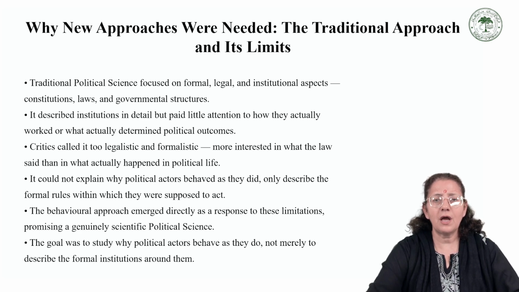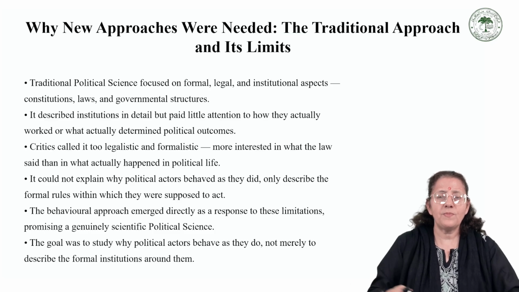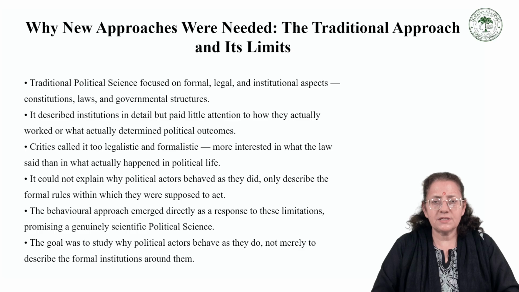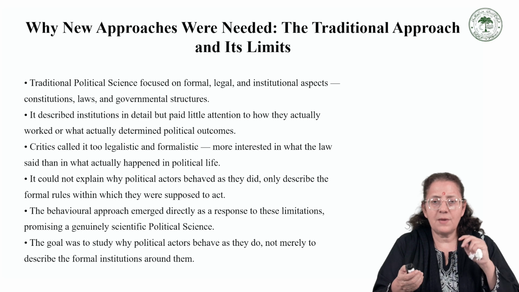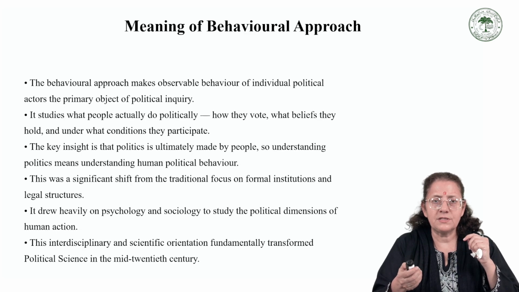Critics argued that it was too legalistic and formalistic, more interested in what the law said about how government should work than in what actually happened in political life. The behavioral approach emerged as a direct response, promising a scientific political science capable of explaining why political actors behave as they do, not merely describing formal political institutions.